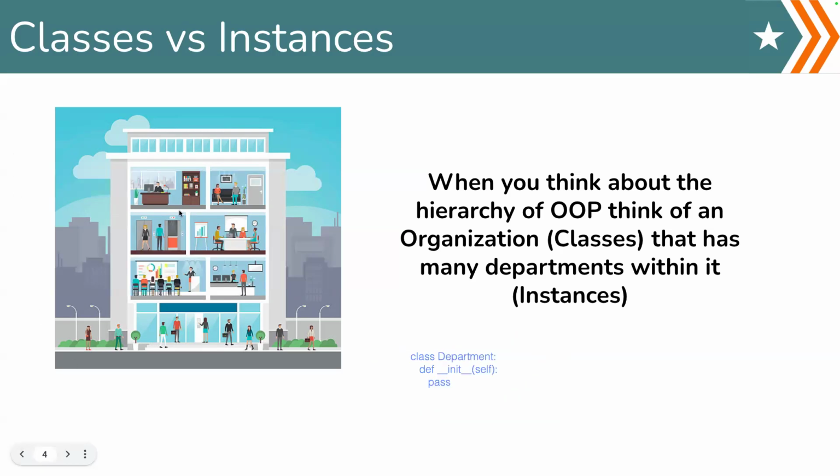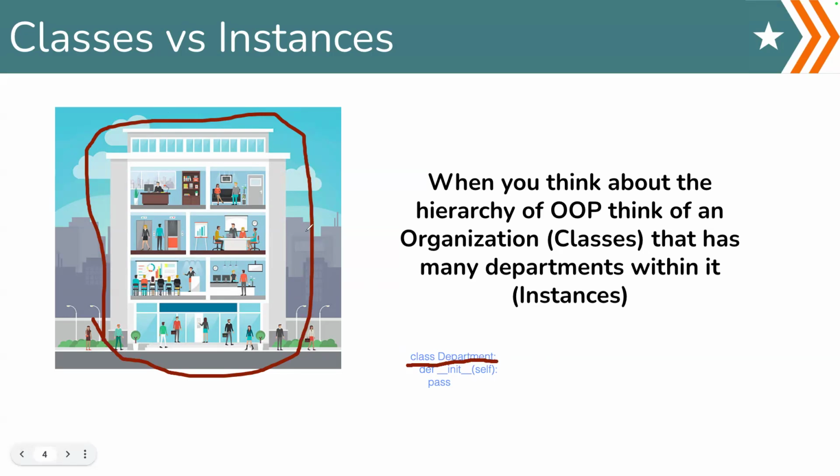When I'm referencing the overall business or organization, the entire building that we're seeing here on the left-hand side, that would be in reference to the class declaration. So the class is the entire business that's holding every department. And every time I create a department, that gets initialized and passed through the init method.